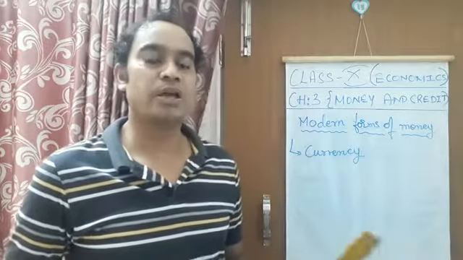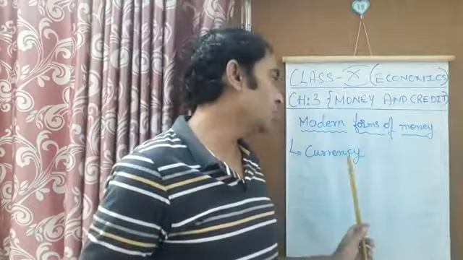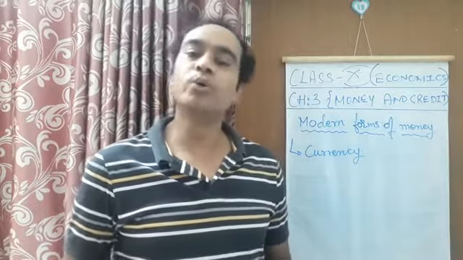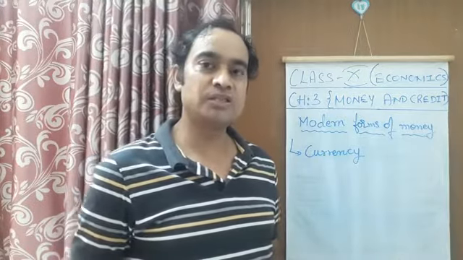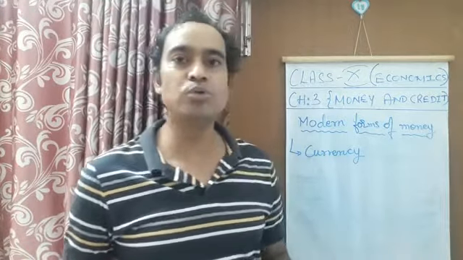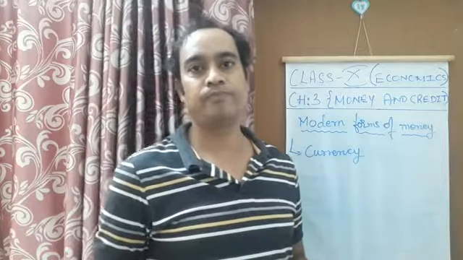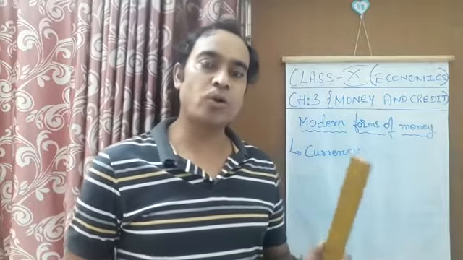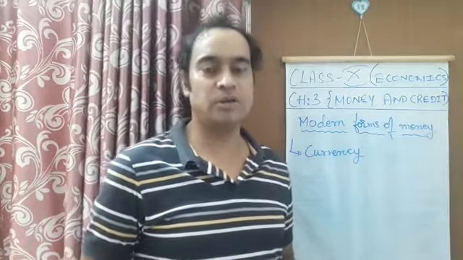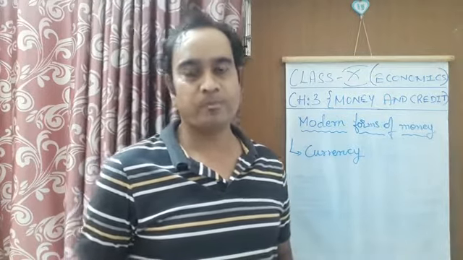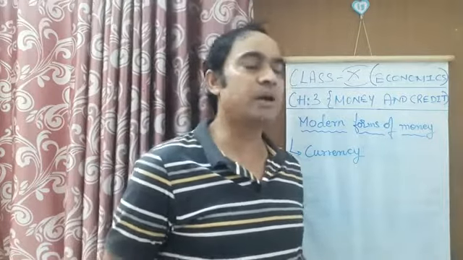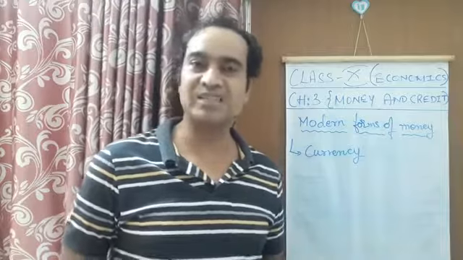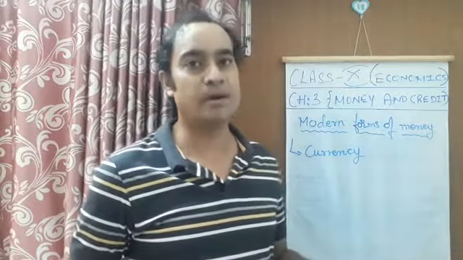But in the coming time, in the modern type of currency that we call it as today, whatever is the amount printed on the coin is actually not equal to the amount of metal used in that coin. The value of the metal used in that coin of 1 rupee, of 5 rupee, or 10 rupee is just lesser than the amount printed on the coin.